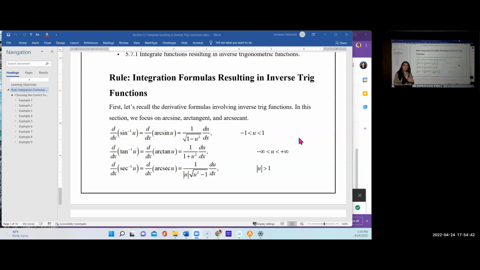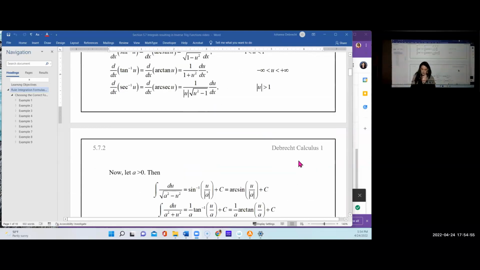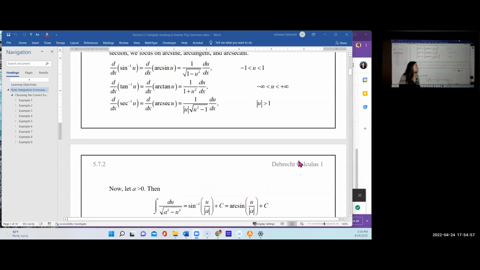Now let's do the reverse of this operation and start with what's on the right side and take the antiderivative function to come up with the inverse trig function. We're going to compare these one at a time. First, we want to look at the integral of du over the radical a squared minus u squared. The integral of this is very similar to what you see on the right-hand side of the derivative formula.